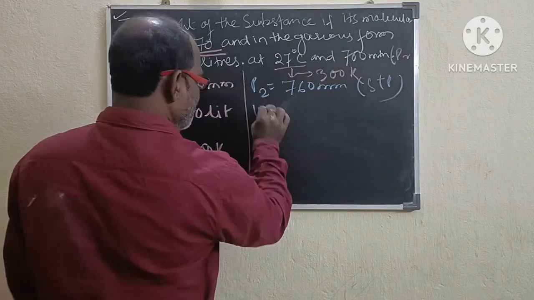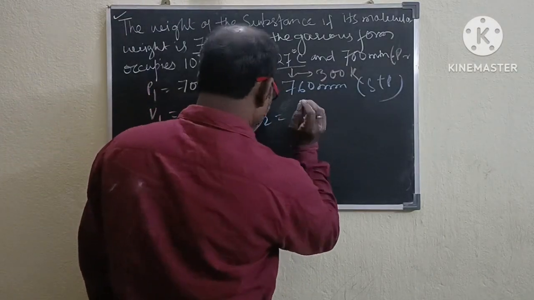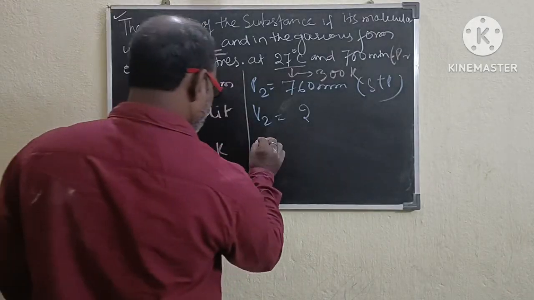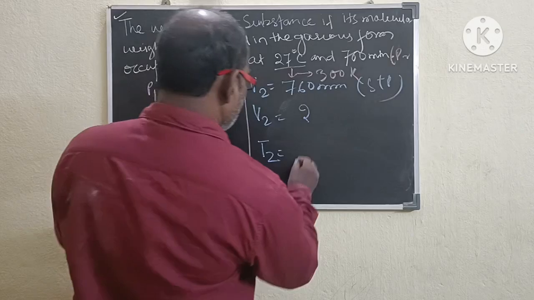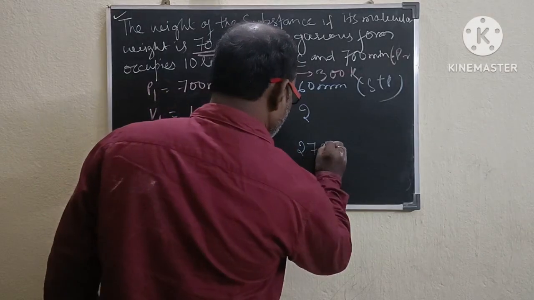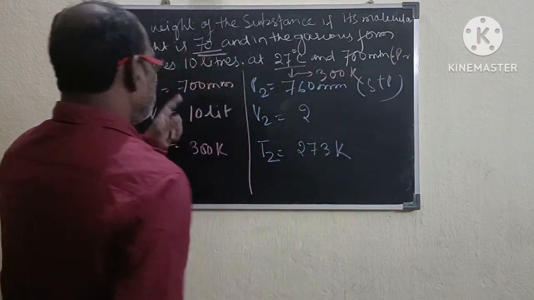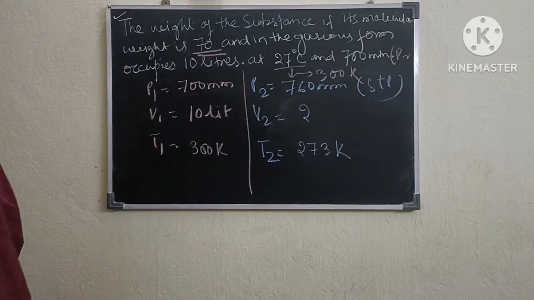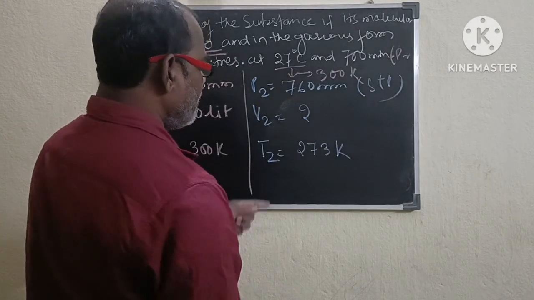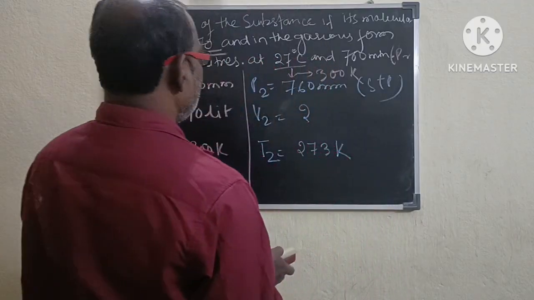Volume, we don't know how much it is. We'll make this a question mark. Temperature T2 is equal to 273 K. So by the relation P1 V1 by T1 is equal to P2 V2 by T2, we can find out the volume V2.